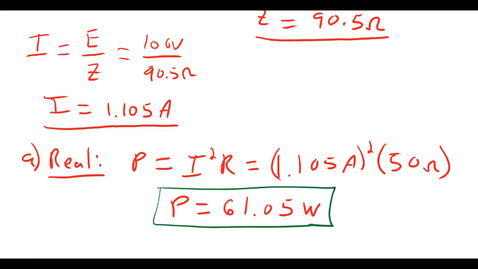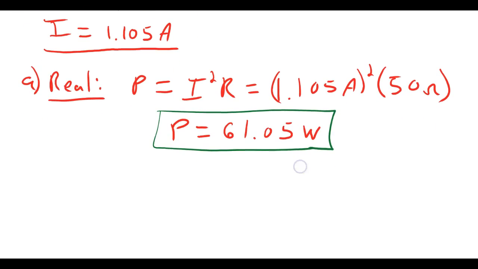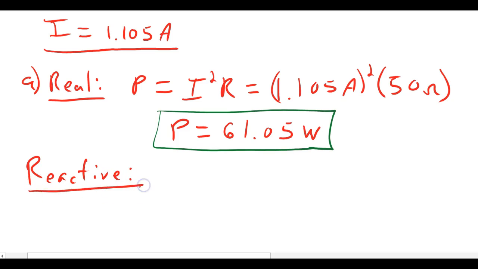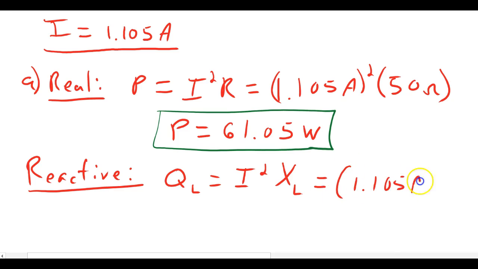Now, reactive power. And in this case, inductive reactive power, QL, is equal to I squared times XL. Again, if we don't have voltage, this is the easiest calculation to do. 1.105 amps squared multiplied by 75.4 ohms.